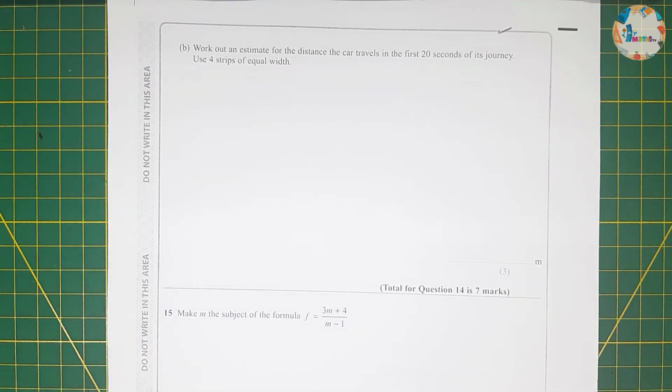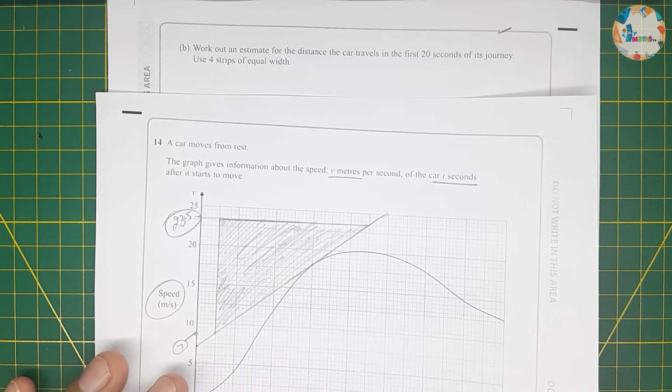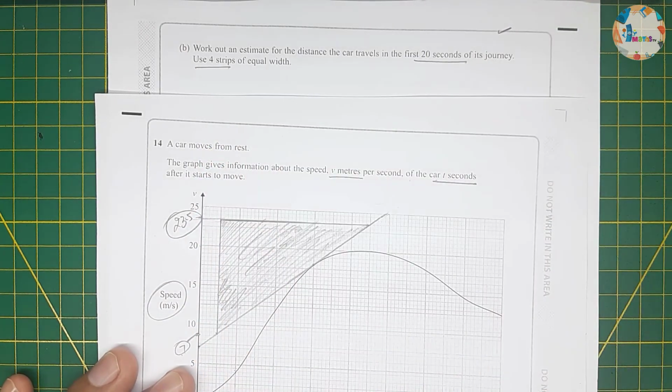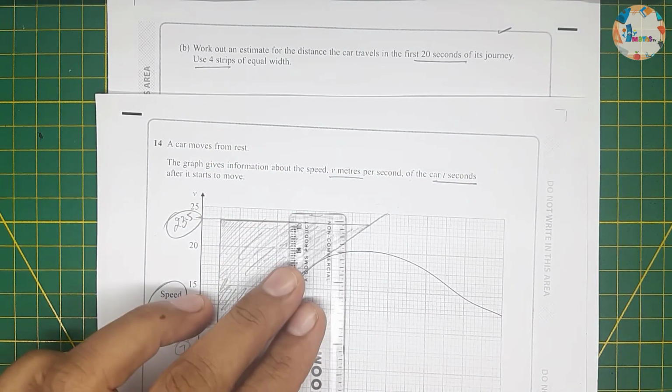Now part B, work out an estimate for the distance the car travels in the first 20 seconds of its journey. Use 4 strips of equal width. For the solution of this question, we can divide this portion up to 20 seconds into 4 strips, and this is 20 seconds.